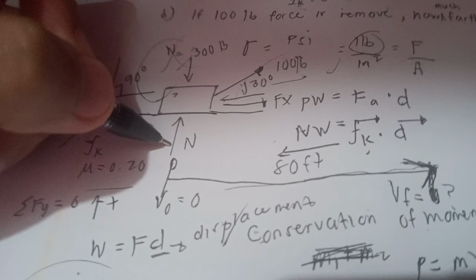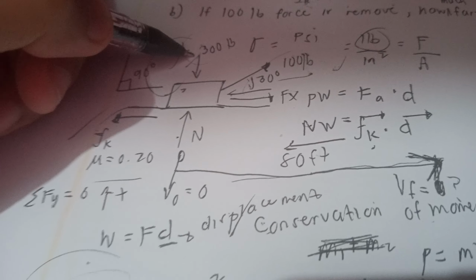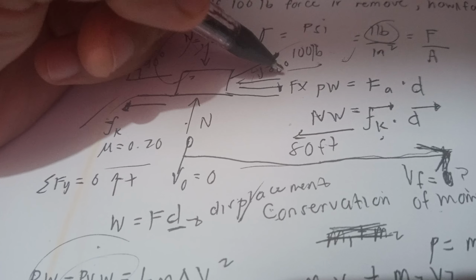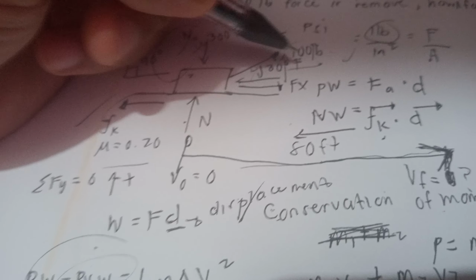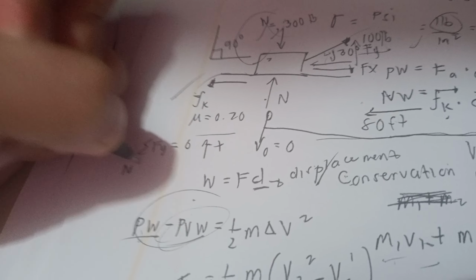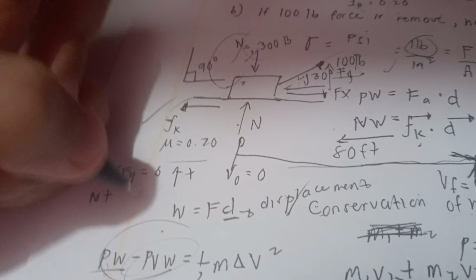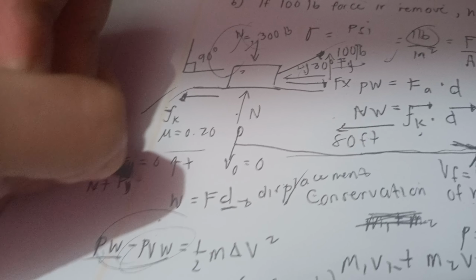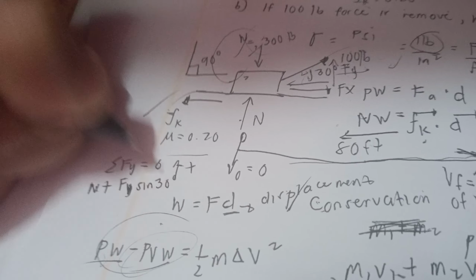So, ang upward natin N, tapos meron tayong downward na 300, tapos meron pa tayong slope, may upward pa. Kasi upward yan, di ba? So, kailangan natin N, tapos plus natin ito upward, Fy, ano yan, sine 30 degrees.